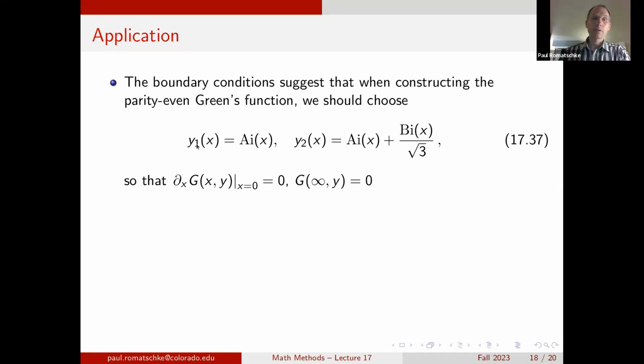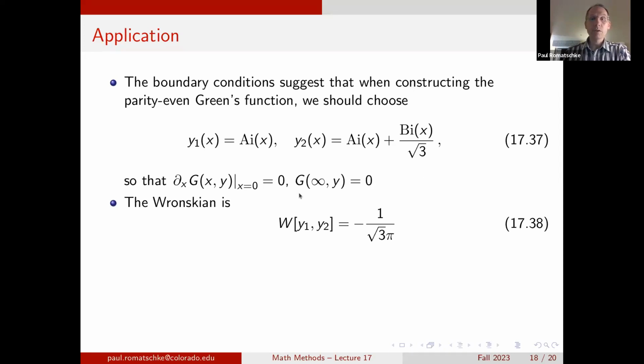For instance, the function y1 of x equal to Ai has the property that it decreases exponentially for large x, which will give us the behavior that the Green's function at infinity is equal to 0, according to the boundary conditions. And if you take the following linear combination between Ai and Bi for y2, this particular combination y2 has the property that it has 0 derivative at the origin, which is necessary for the parity even subsector that we want to consider.